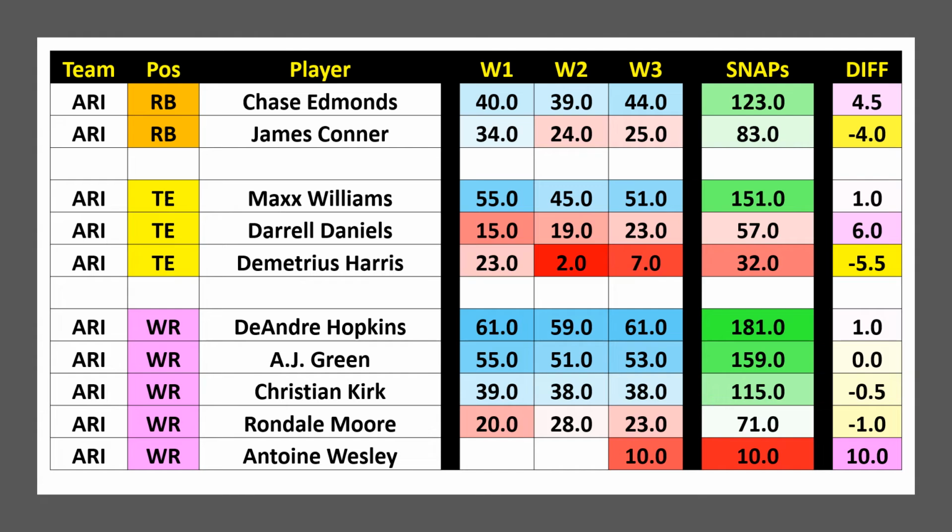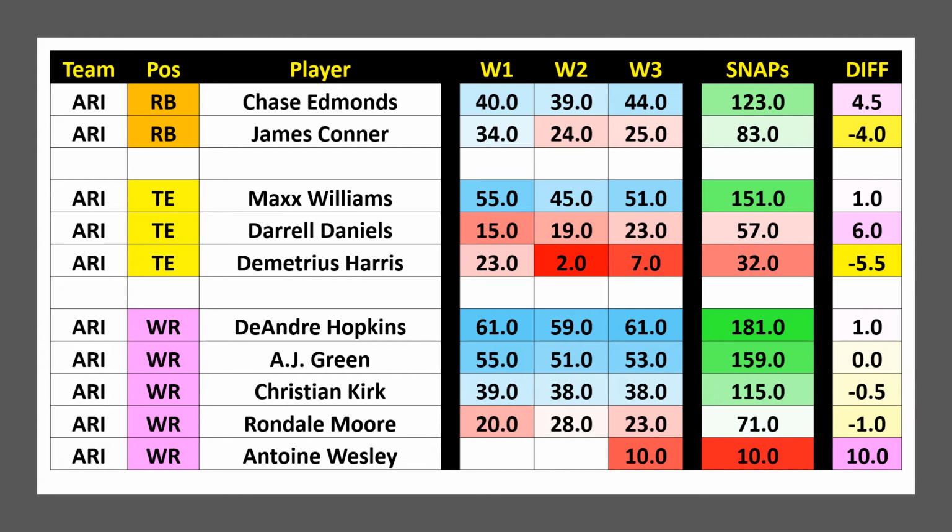So Connor went down a little bit. This is not points. Williams is getting some snaps, but really not going up any. Harris has dropped. Nothing really happening in Arizona. Things are almost the same. It's like they're static.